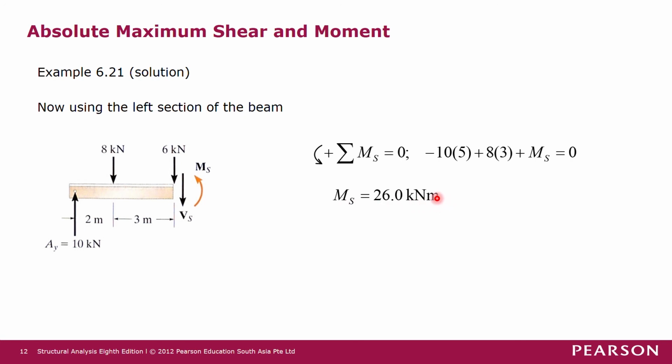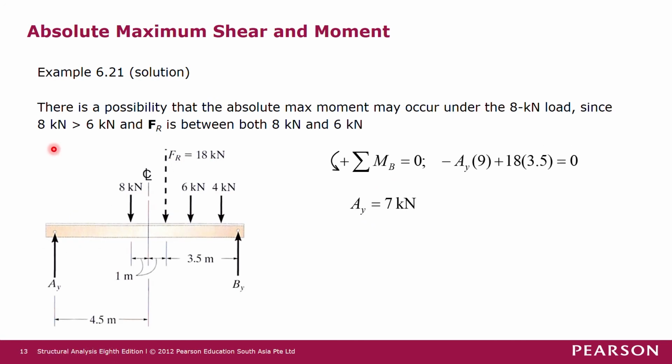So we have to check whether this is the maximum moment or not, because we have another case when we assume that the absolute maximum moment will occur under the 8 kilonewton load. This resultant is in between the 6 kilonewton concentrated load and the 8 kilonewton concentrated load, so we don't know whether the maximum moment will occur here or there.